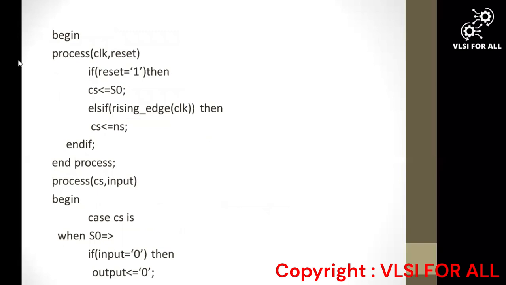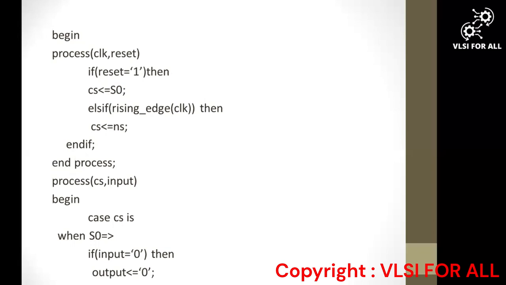Now we will begin the process statement, and inside the process statement we have taken clock and reset, because this is a sequential circuit, so we have to consider both clock and reset. If reset equal to 1, then current state is S0.